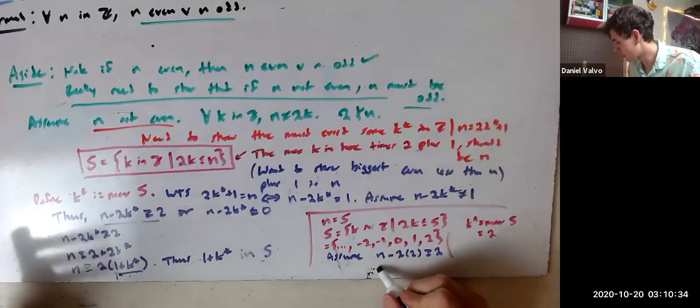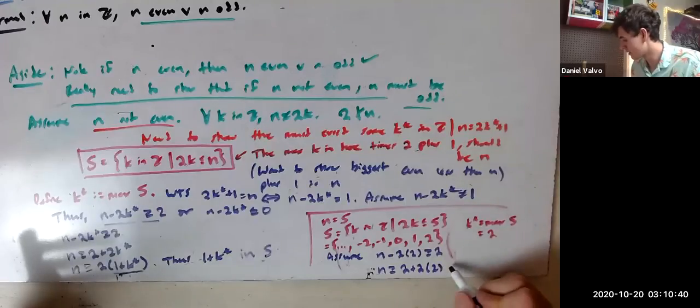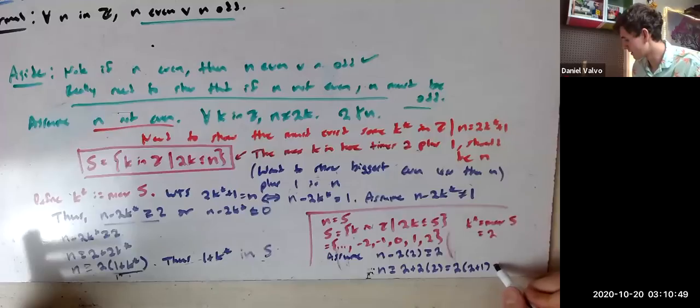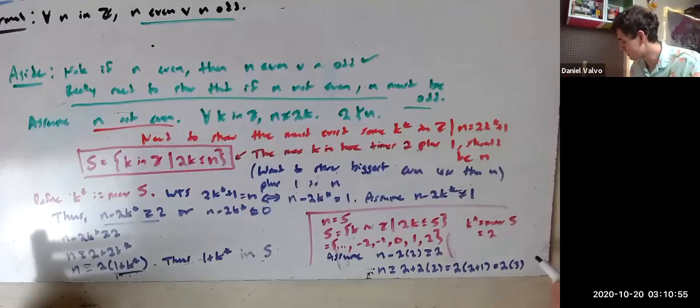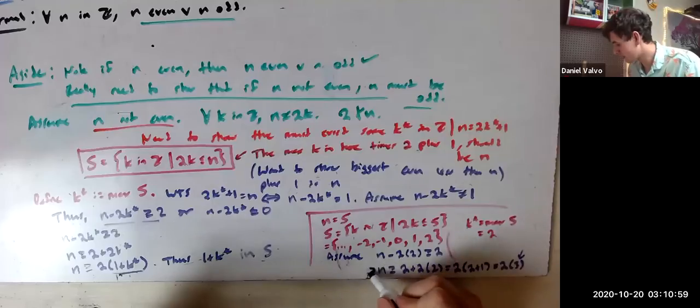Well, that would mean that n is greater than or equal to 2 plus 2 times 2, which equals 2 times 2 plus 1, which equals 2 times 3. The point is, this would mean n, which equals 5 here, is at least 6.